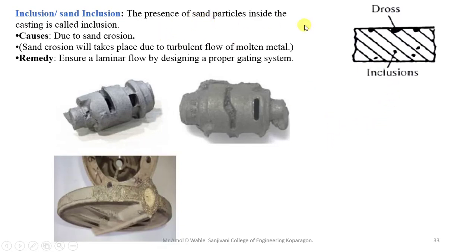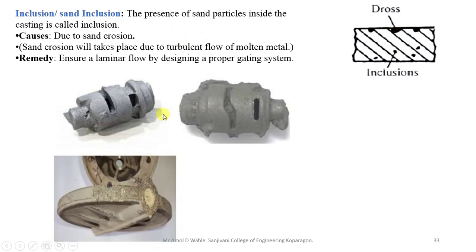Then inclusion or sand inclusion. The presence of sand particles inside the casting is called an inclusion. When you pour molten metal, if it carries sand with it, it will flow into the cavity, and after solidification it will remain as it is. After removing the component from the sand, you will find that some sand might be stuck to the component.